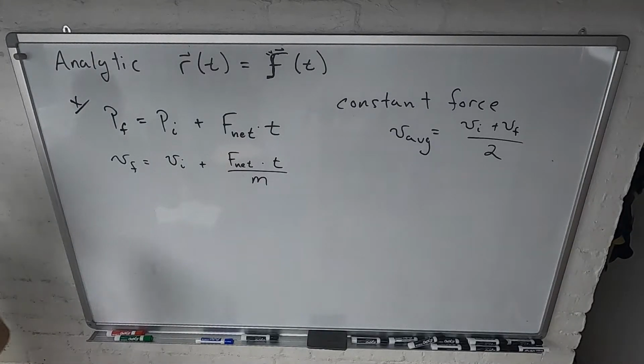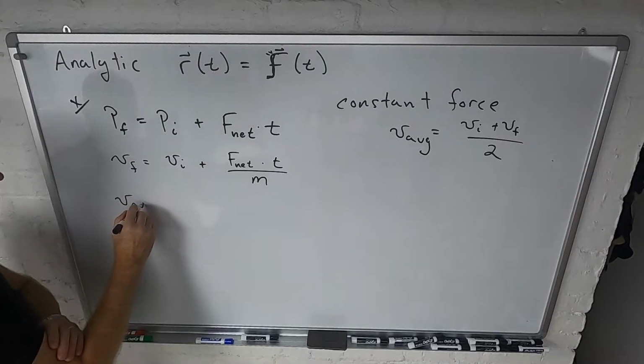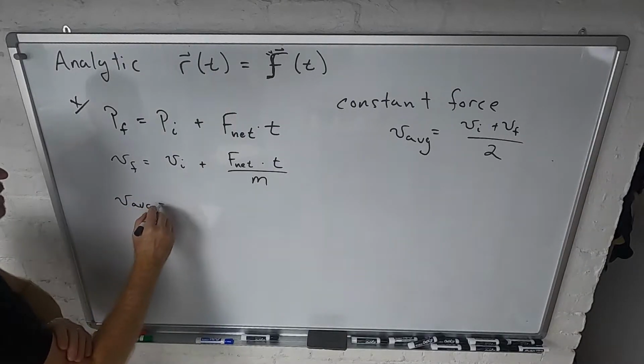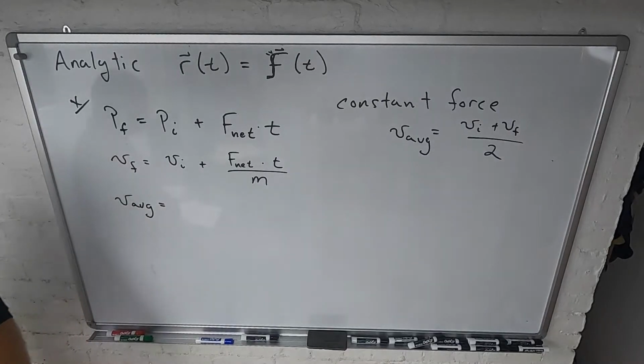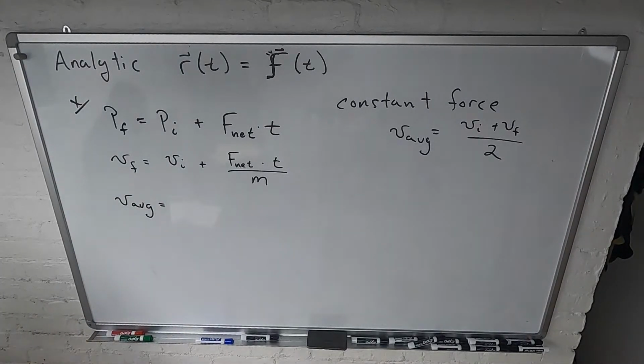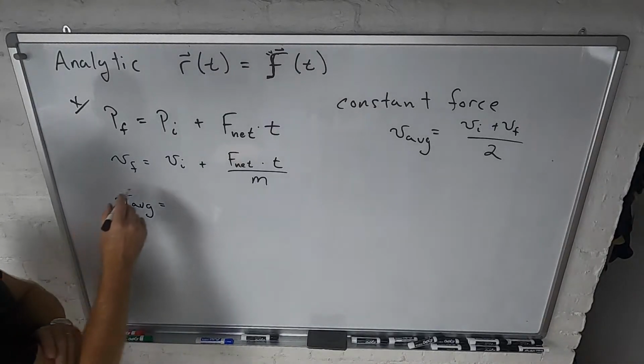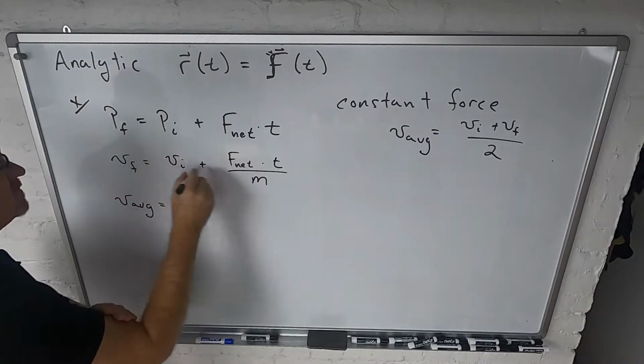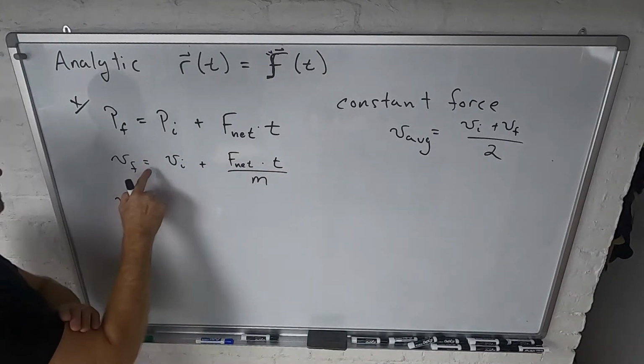So V average is just equal to, well, V initial plus V final. And V final is defined here. This is V final, all of this, right? This is an equal sign.